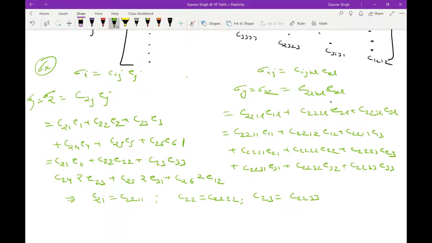And C24 is equal to E23. E23 should occur at two places. One is C2223 equal to E32, C2232.